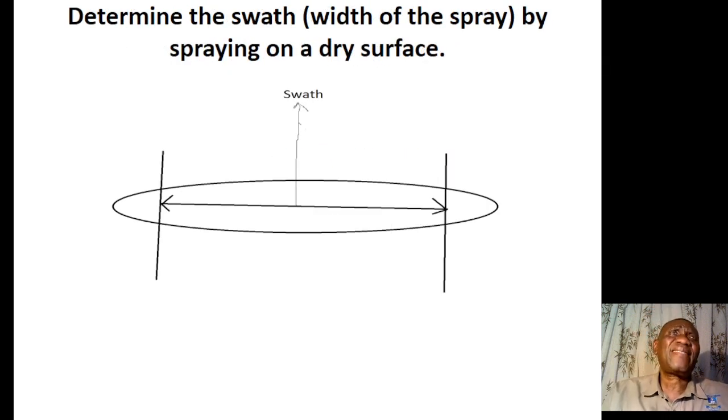Determine the swath, the width of the spray, by spraying on a dry surface. You spray the dry surface, you mark straight lines, then you measure that distance. It's easy to see when you spray it on the ground, especially on a dry surface.